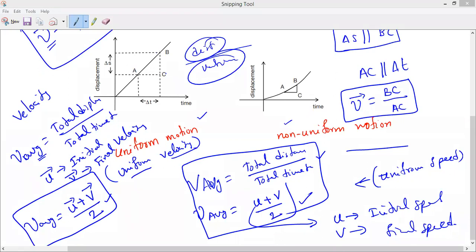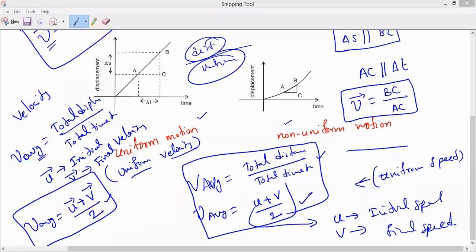Why, sir? When we study circular path, by that time you can understand why velocity becomes 0 sometimes, but speed cannot become 0 at any time.